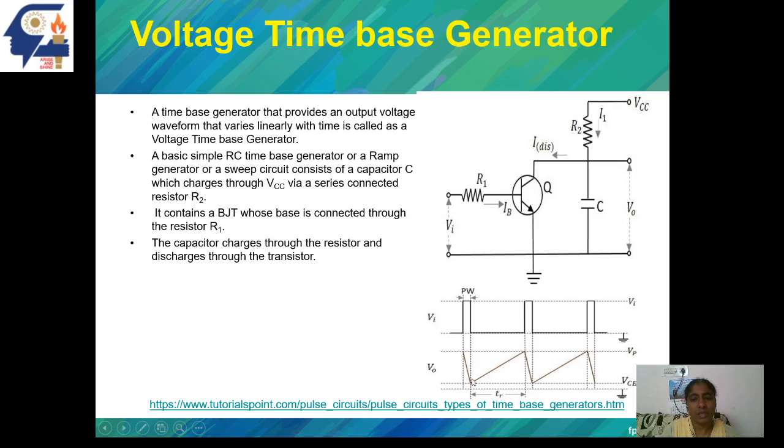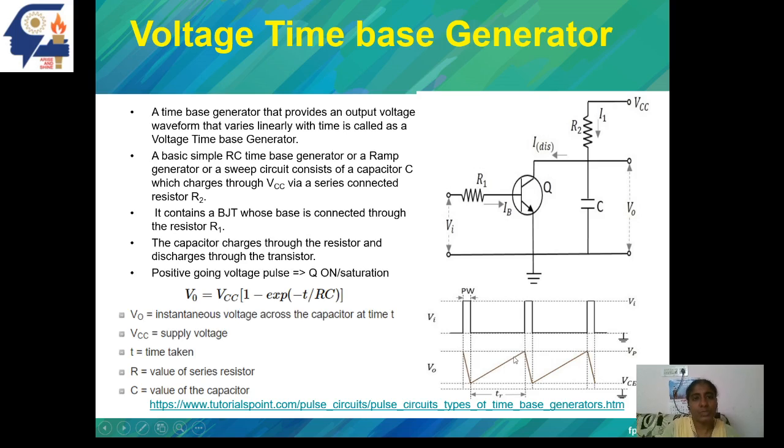The output waveform for this portion is given by V0 = VCC(1 - e^(-t/RC)). VCC is the supply voltage, V0 is the instantaneous output voltage captured from the output of the circuit, t is the time taken for charging, and RC is the time constant of the elements in the circuit.